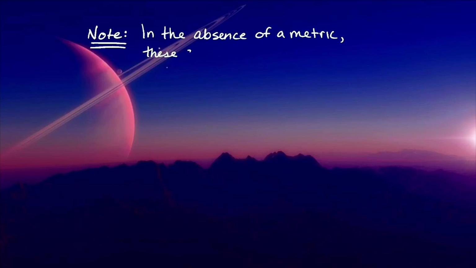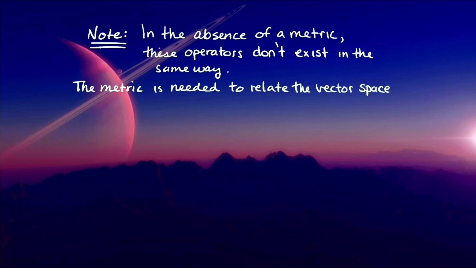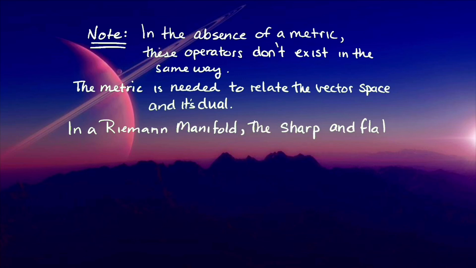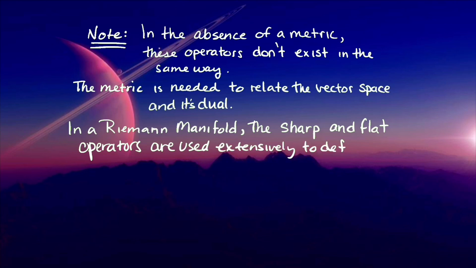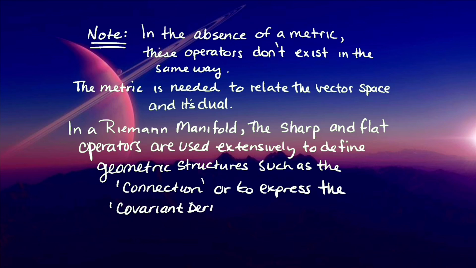We make an important note. In the absence of a metric, these operators don't exist in the same way. The metric is needed to relate the vector space and its dual. In a Riemannian manifold, the sharp and flat operators are used extensively to define geometric structures such as connection, or to express the covariant derivative.